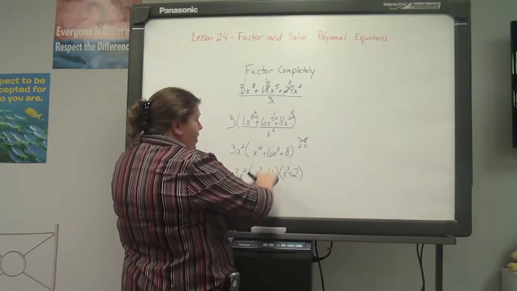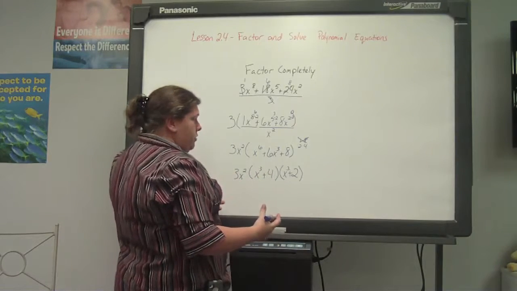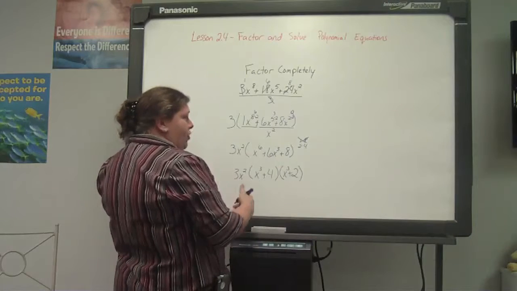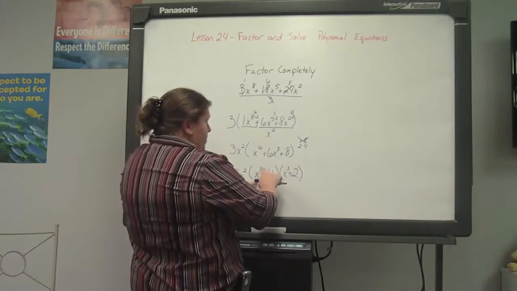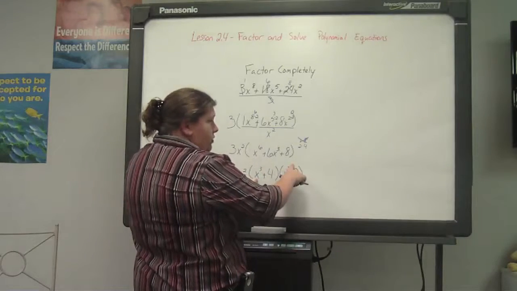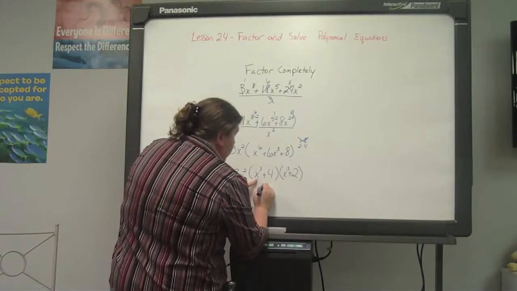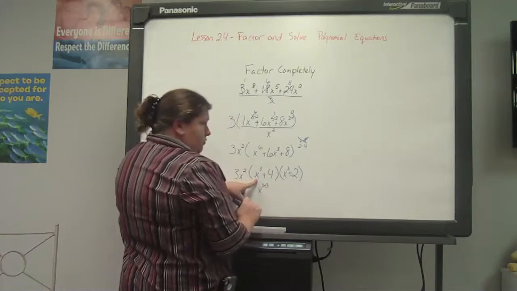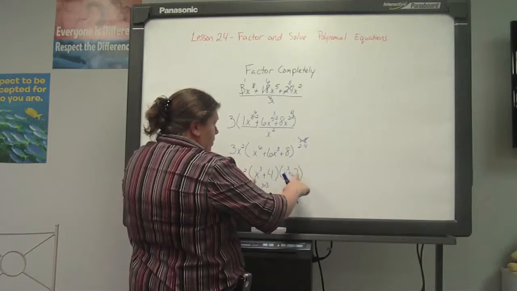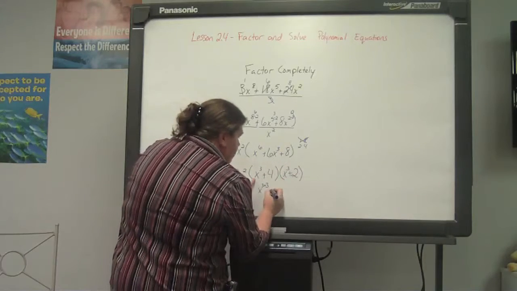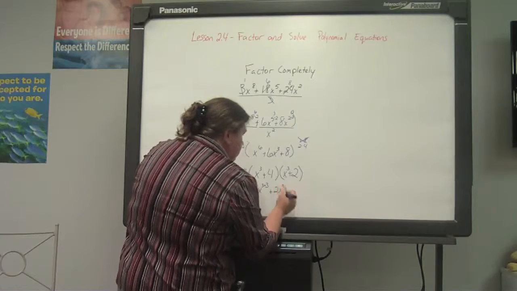And then here is our factor. Because when you want to check your work, the way to know that you've got the right answer is you can check it by saying x cubed times x cubed. That becomes x to the 3 plus 3. And then I have x cubed times 2 gives me 2x cubed.